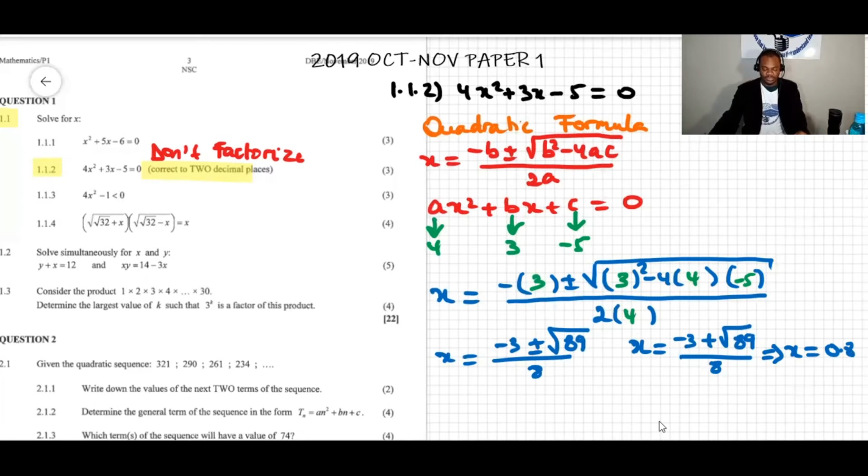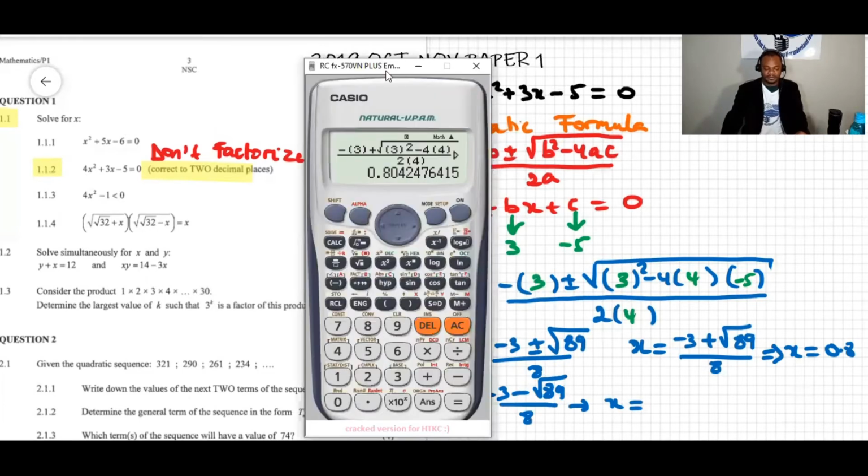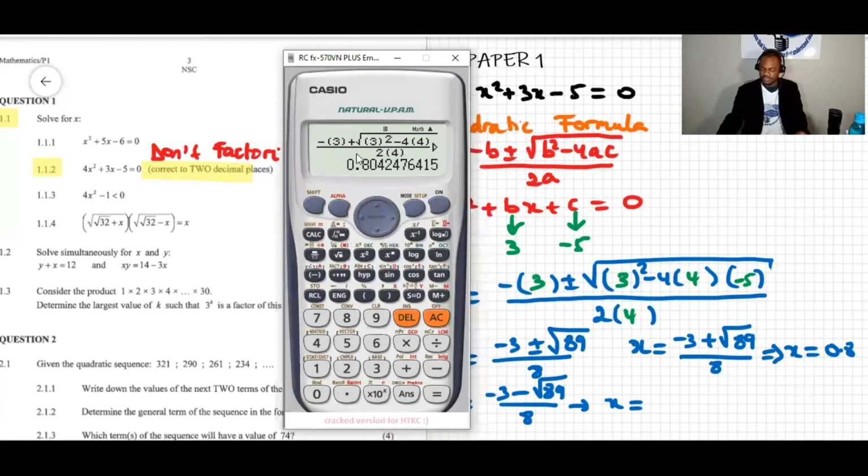Then we can also work out the negative, so -3 minus root 89 all over 8. In the calculator, we can go back here and change the positive to negative. So I press negative there, and if I press equal, we have this.